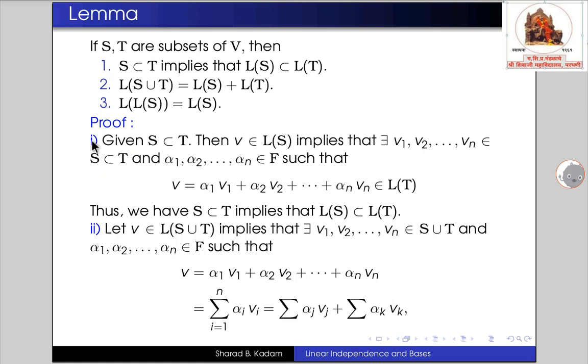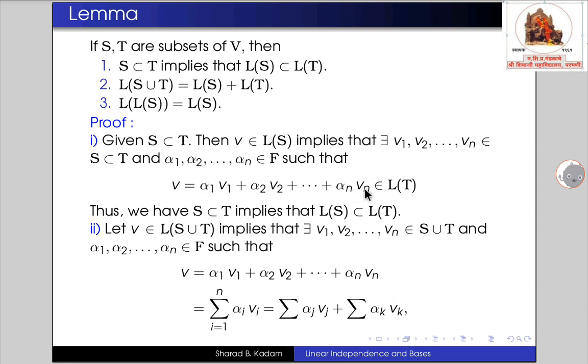So consider we are given S is a subset of T. We consider V is an element in the linear span of S. Then this implies that there exist vectors V1, V2, ..., Vn in the set S, and alpha 1, alpha 2, ..., alpha n scalars in the field F, such that V can be written as a linear combination of V1, V2, ..., Vn.